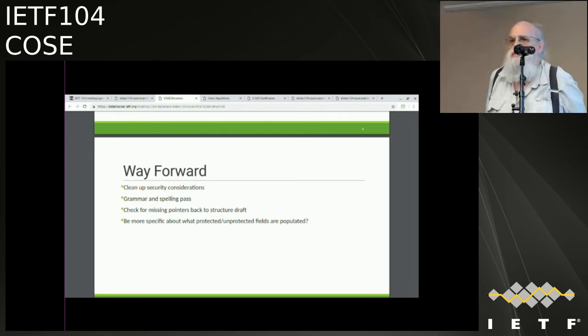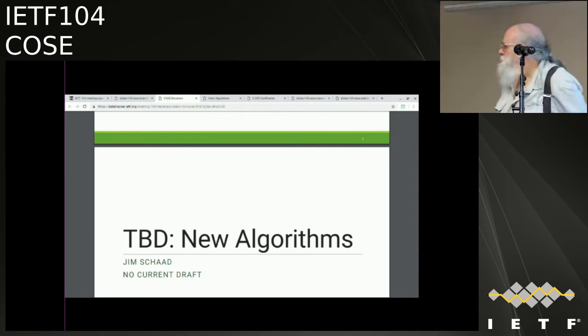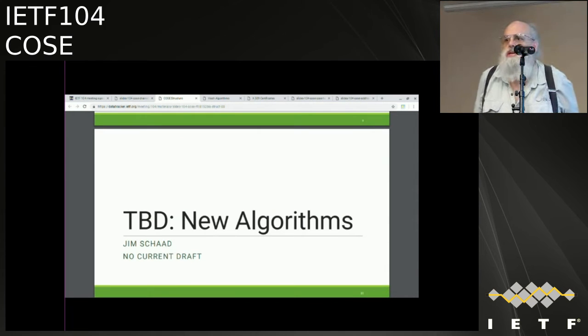I need to check for some of the missing pointers back to the original draft, and I want to copy over a bit of the code in terms of what you need to put into the protected header fields and what you need to put in the unprotected header fields for some of the algorithms, just so people don't have to flip back and forth between the two documents. Does anybody else have anything that they want to talk about on that document? Okay.